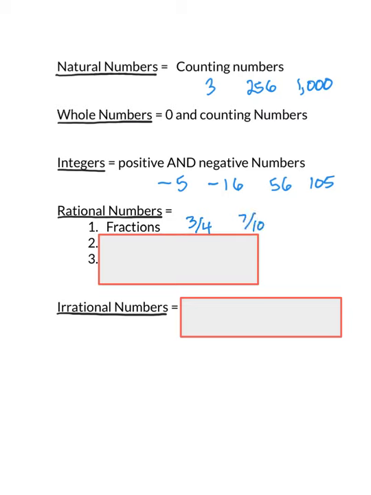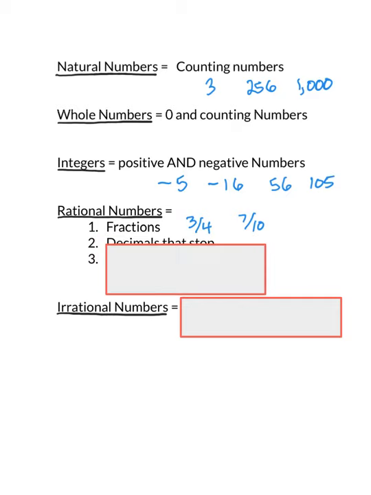The next definition for rational numbers is decimals that stop. Examples of decimals that stop are 1.5 and 4.7.